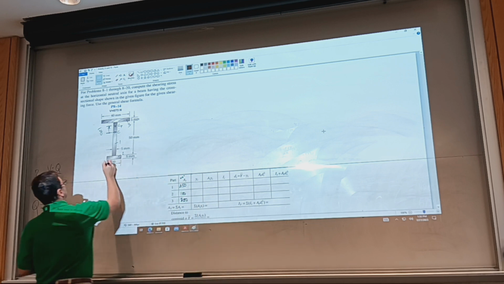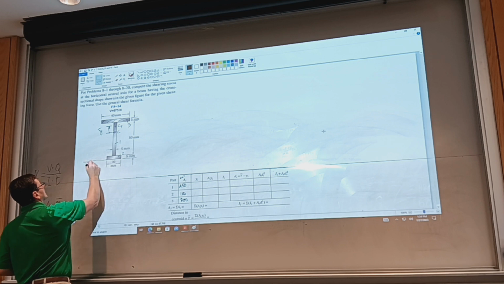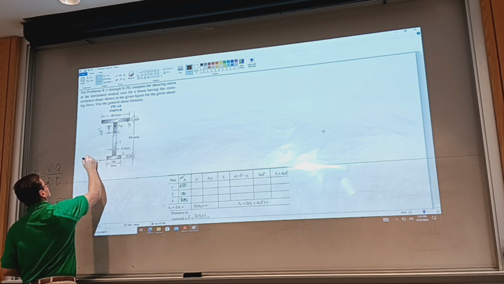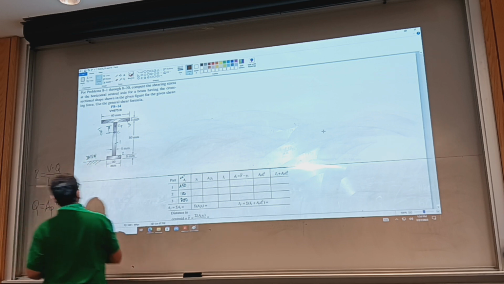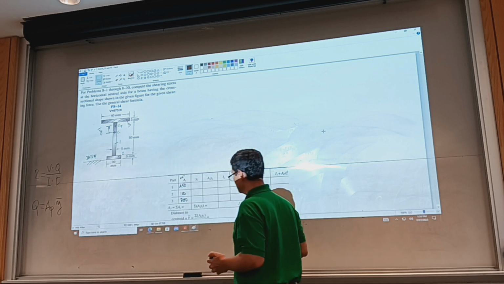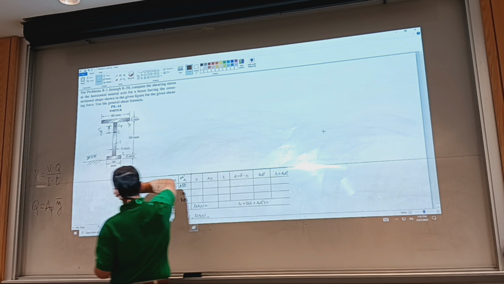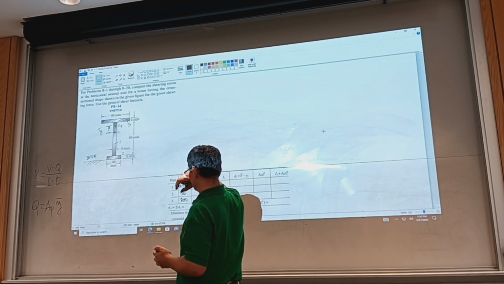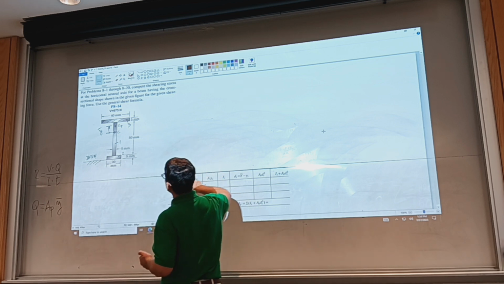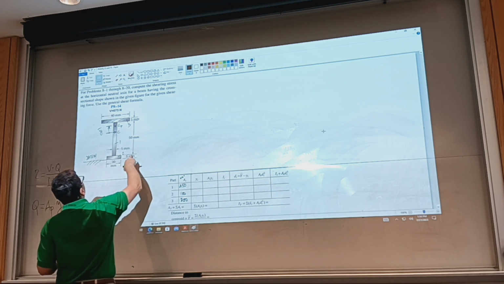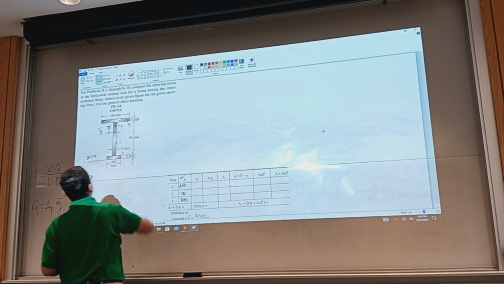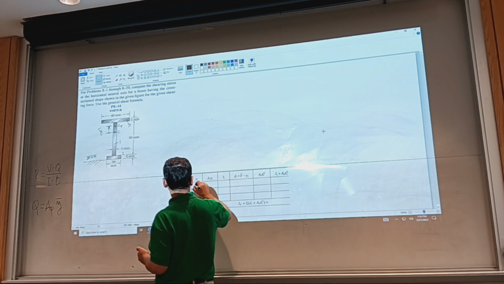What are the distances? We're going to take the datum like so. The distance from the datum to the centroid of the first shape, the web, is going to be 5 plus half of 50. That's 25 plus 5, that's 30.